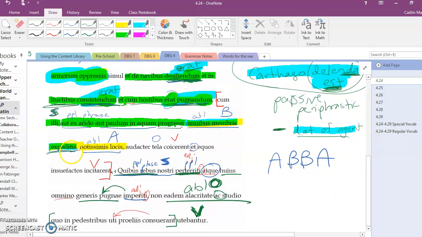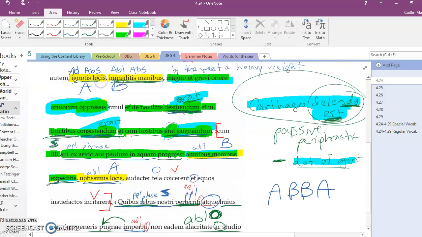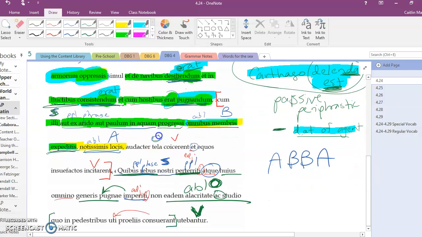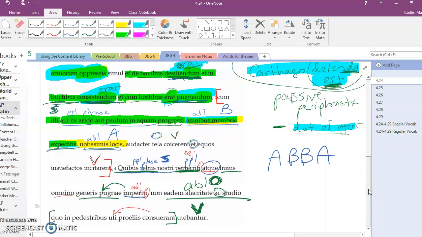We've got omnibus membris expeditis. Notissimis locis as opposed to ignotis locis. And then our object tela coicerent, right? But those guys, audacter tela coicerent, and equos insuefactos incitarent. Right? So a nice contrast between our guys and those guys, right?